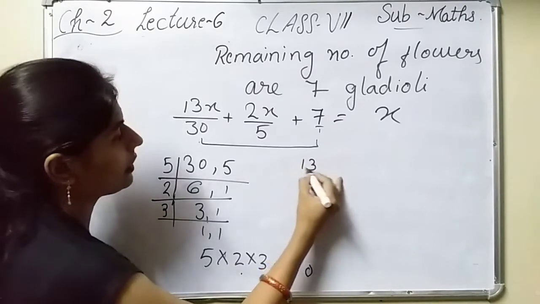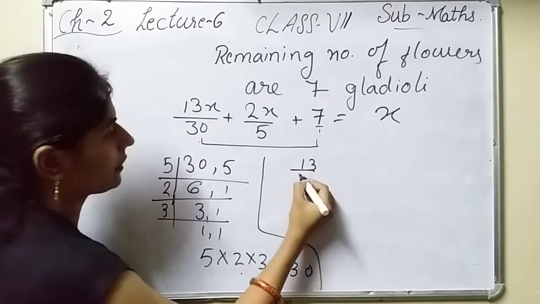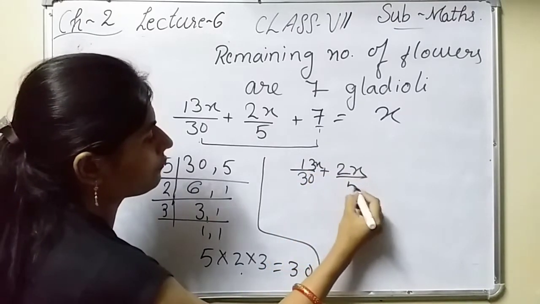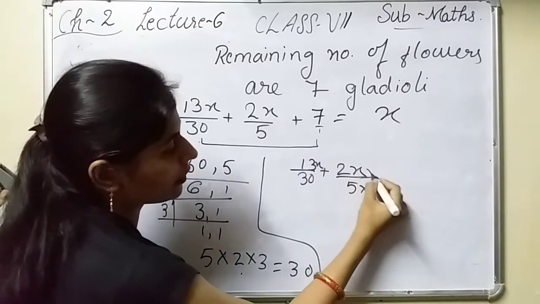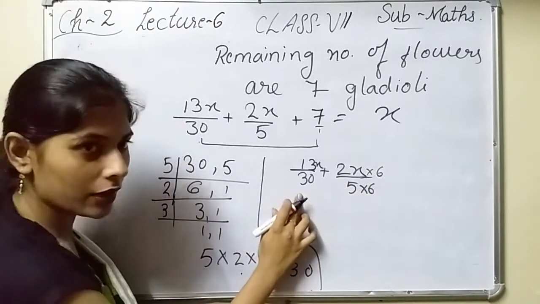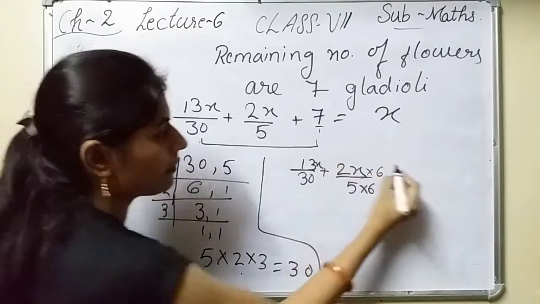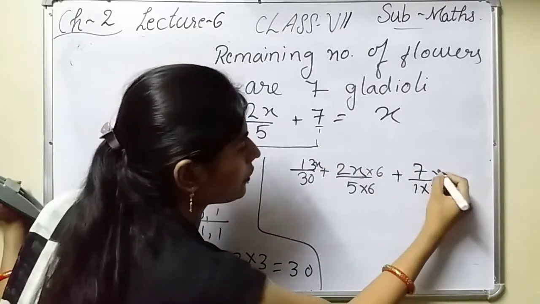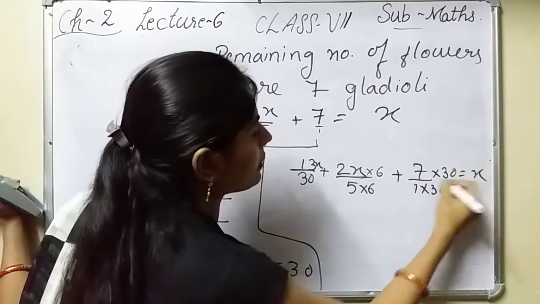Now 13x by 30 plus 2x by 5 into 6, because the denominator we have to make the same, plus 7 by 1 into 30, is equal to x.